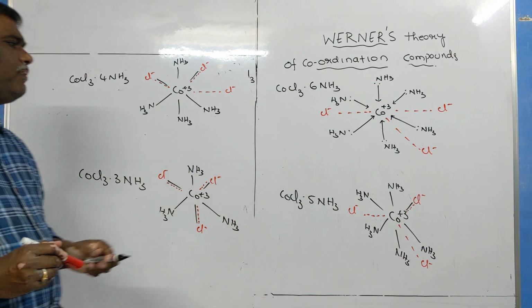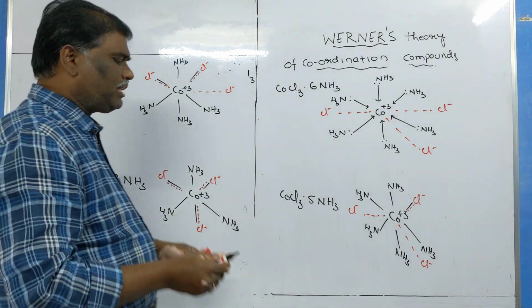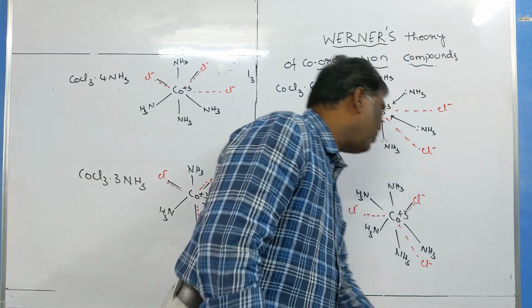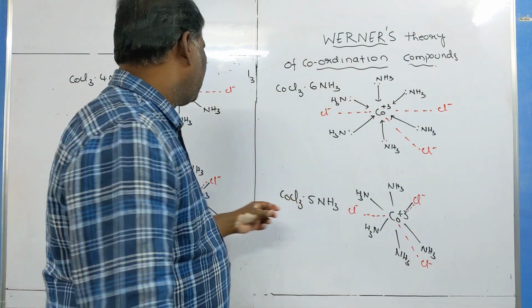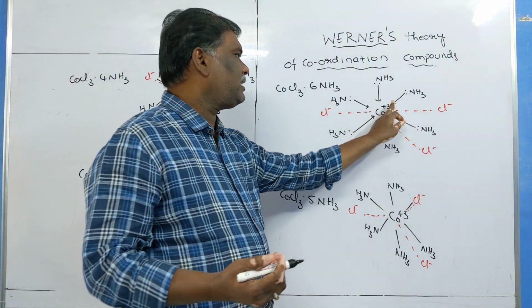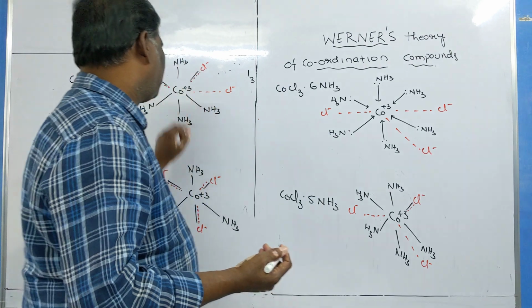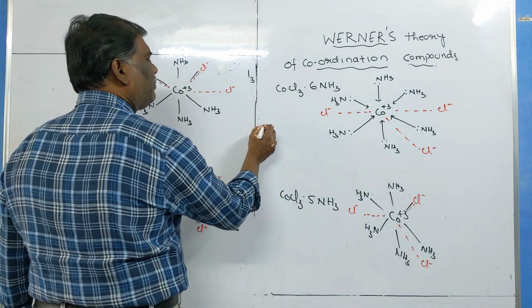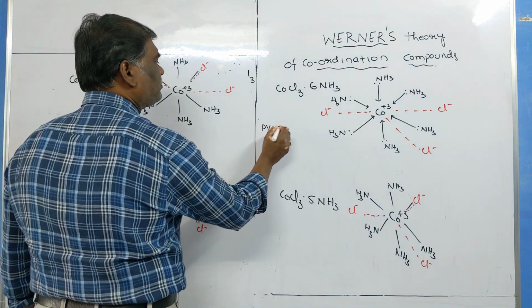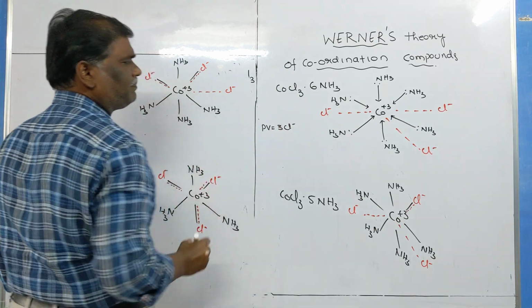This is the method of writing the structures of complex compounds. In all these cases, one thing is common: the coordination number is 6 and the geometry is octahedral. Here, primary valency is satisfied by 3 chloride ions.